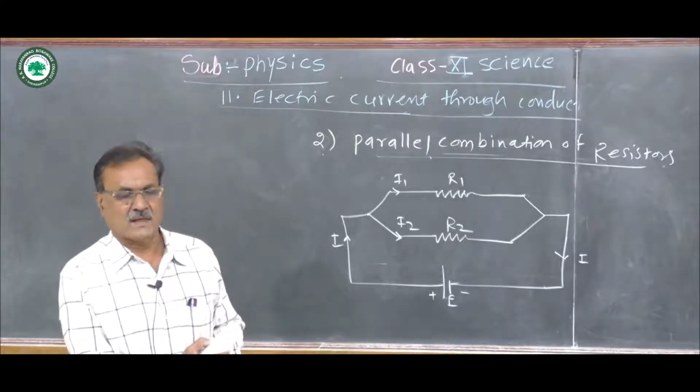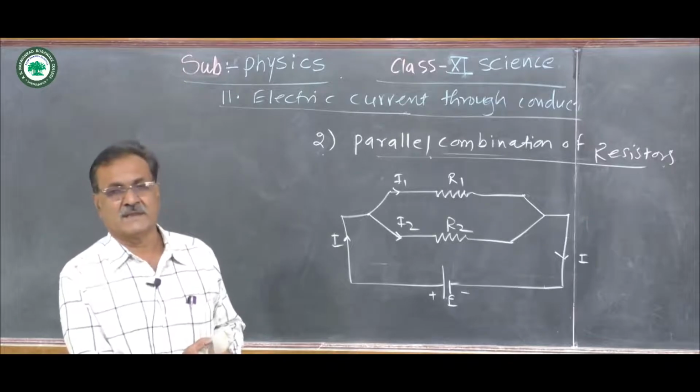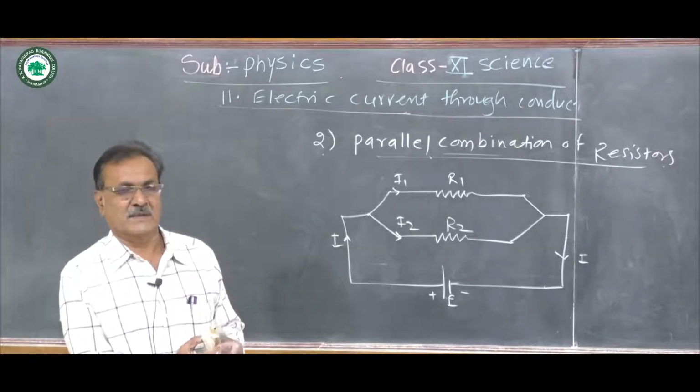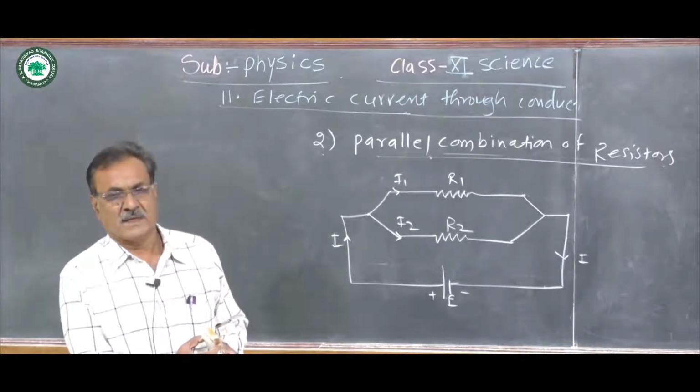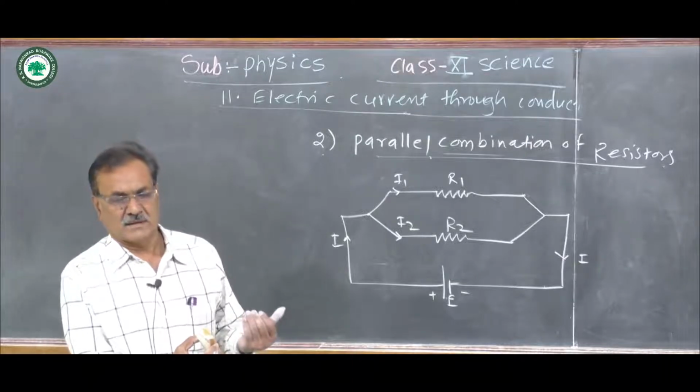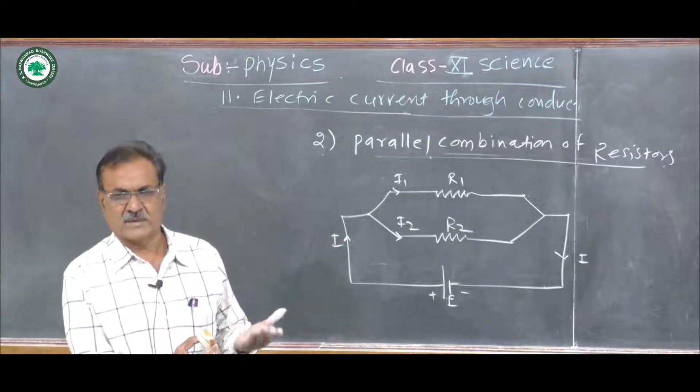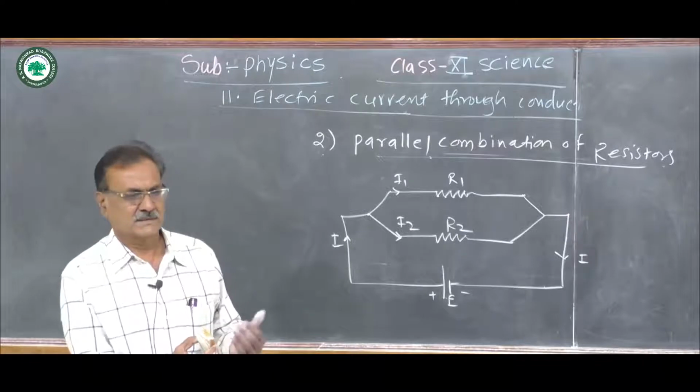Suppose other resistors R3 and R4 are connected, then the currents I3 and I4 flow through them, and so on.